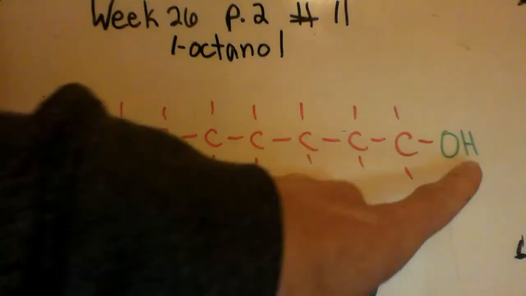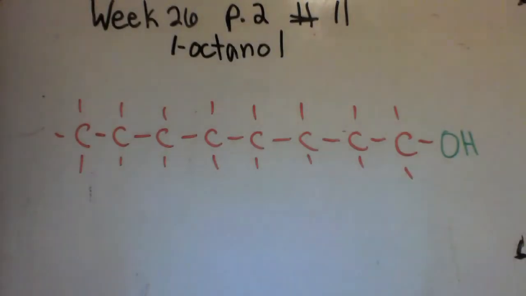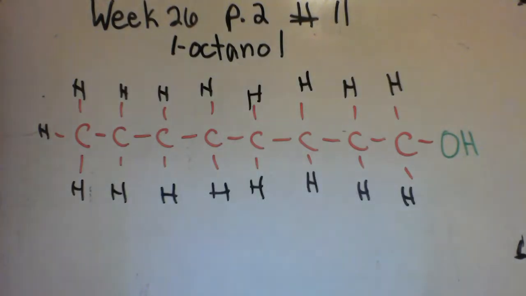I drew the hydroxyl group in green just to show that it's the functional group. Doesn't have to be any special color. The rest of the bonds are going to be filled up with hydrogen. So this is the structural formula of 1-octanol.